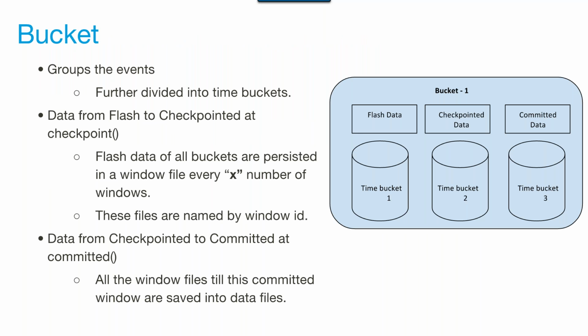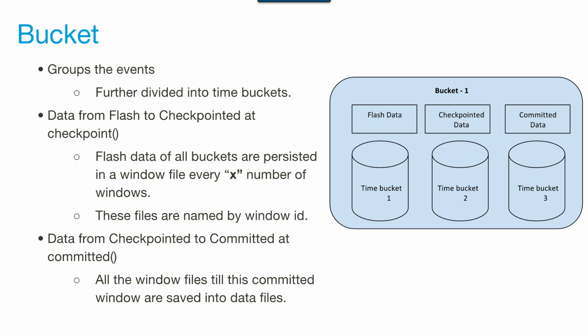Now let's move on to the next component. It's a bucket. Here the bucket groups the events, and we call these the key buckets. It's further divided into the time buckets.